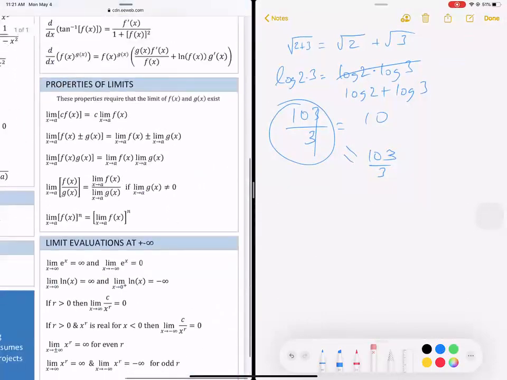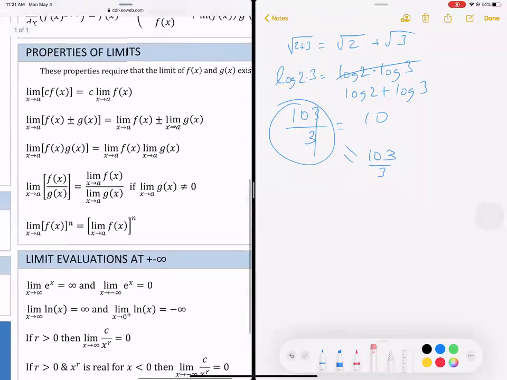On my left, if you look here, if I'm adding functions, inside or outside limits, exactly the same thing. What I mean is I can plug in a before or plug in a after, you will get the same exact answer. Whether it's a constant, adding, subtracting, or multiplying, you'll get the same results.